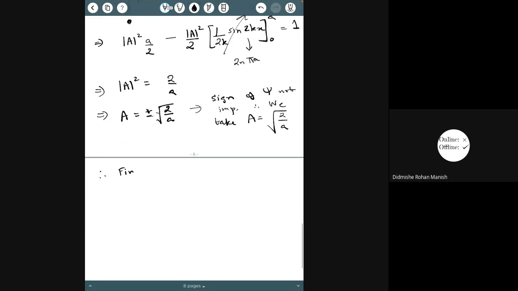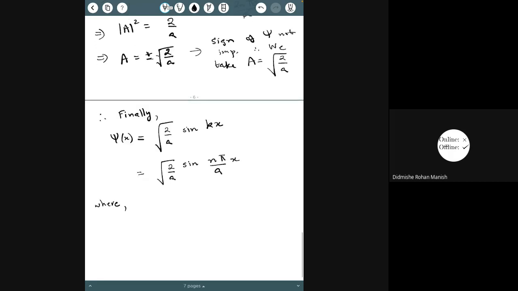Therefore, finally, we have psi(x) equal to root of 2 by a sine kx, which is basically root of 2 by a sine(n pi by a x), where n is equal to 1, 2, 3, and so on. So this is my final wave function.